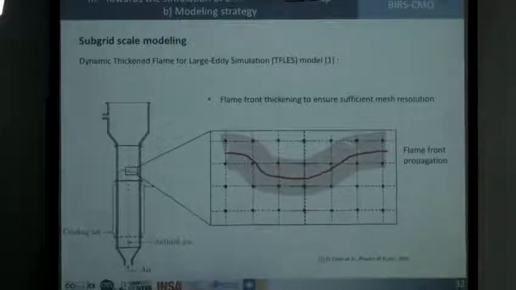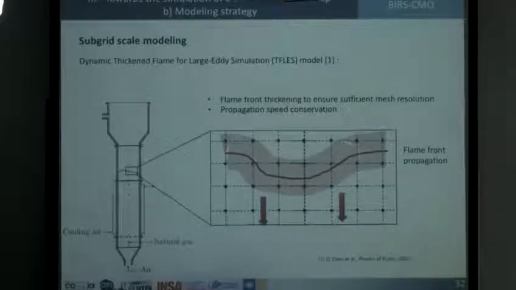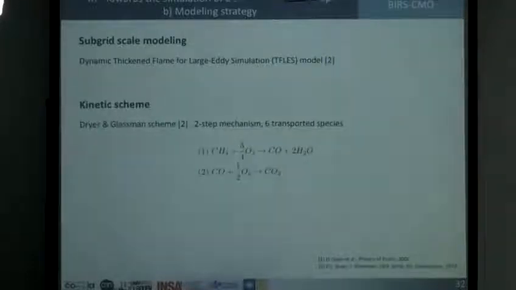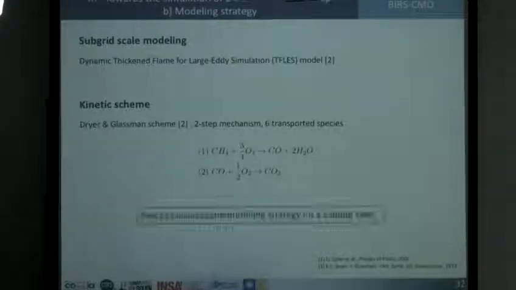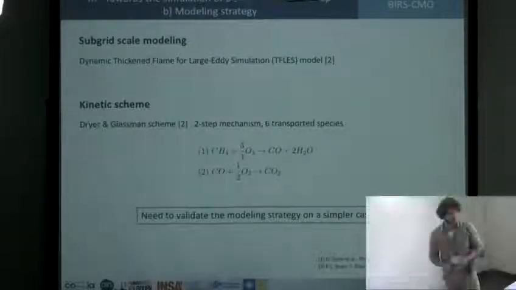Basically, we just thicken it while preserving a good propagation speed. The kinetic scheme is really simple, elementary, only a two-step mechanism for 6 transported species, and definitely we needed to validate this modeling strategy on a very simple case.